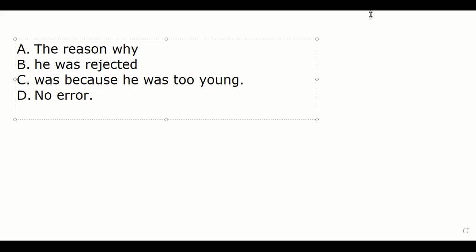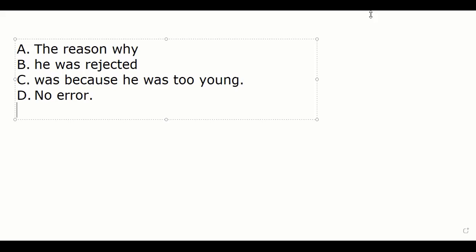Which part is the problem and why? Yes, sir. In this sentence, I think we do not have to put "was" there. Instead of "was", it will be "rejected because too young". Okay, so in C you will remove the "was". You will say: the reason why he was rejected because he was too young.